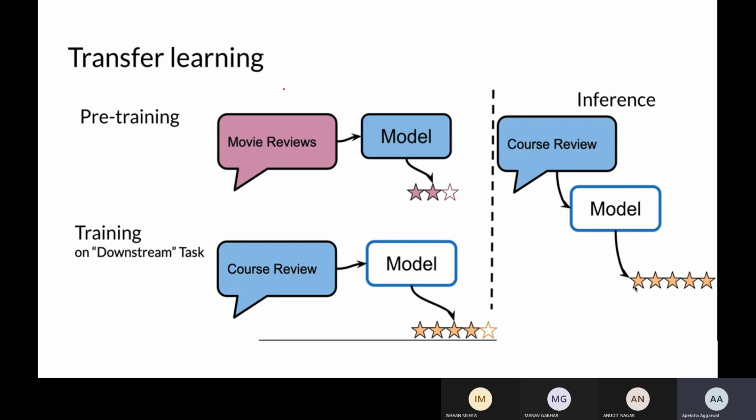So in transfer learning, what happens is, we have some data set, we train our model, and we use the same model, same weights. We don't train our model from scratch whenever we want to do something, or maybe apply predictions for our data set.